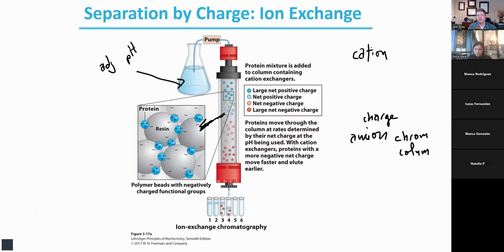So thinking ahead, if you have a protein with lots of aspartic acids on the surface, will that adhere to a cation column or an anion column? Aspartic acid R group looks like this.